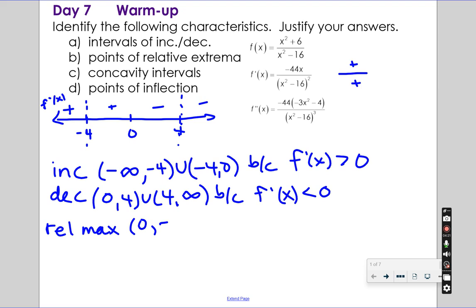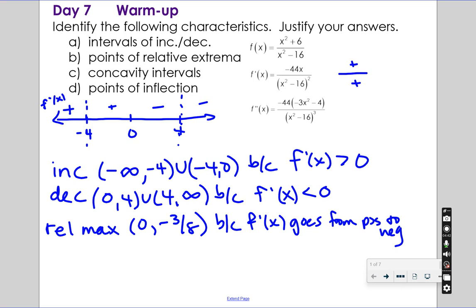Yep, -6 over 16. Sure, make it 3 over 8 if you want to. Okay, because f prime of x goes from positive to negative.